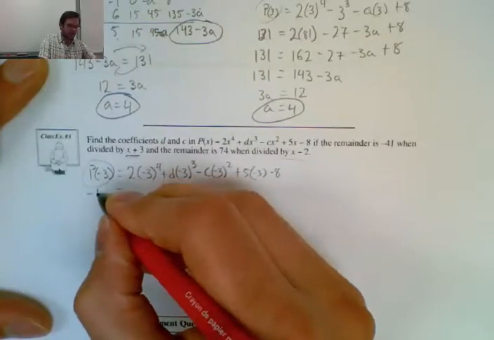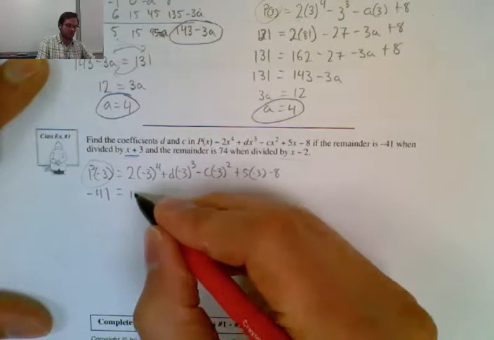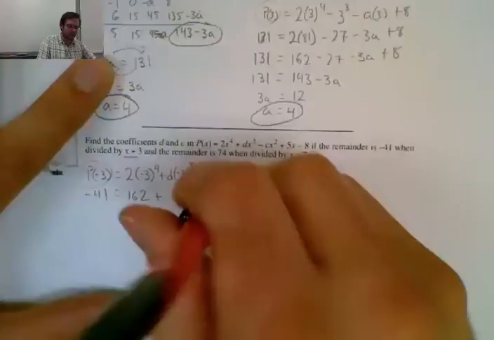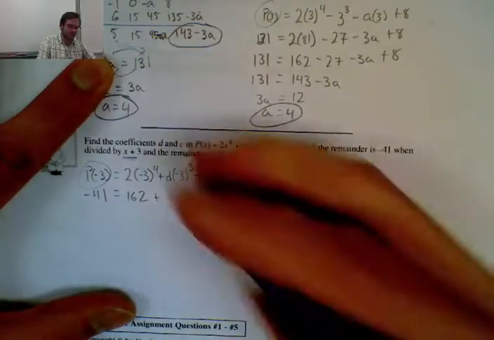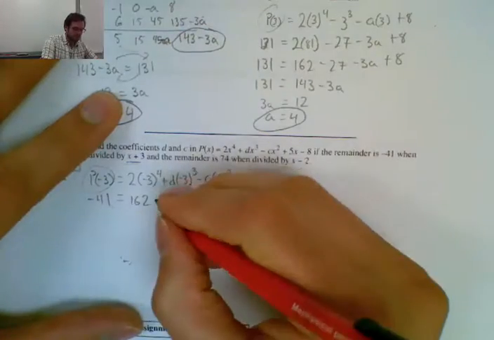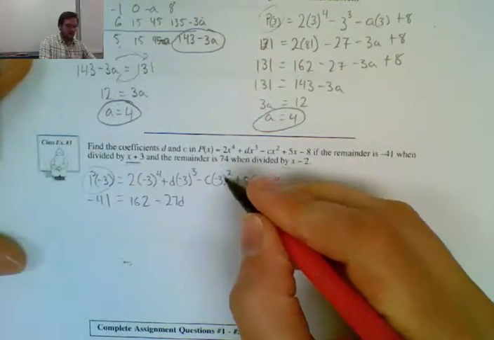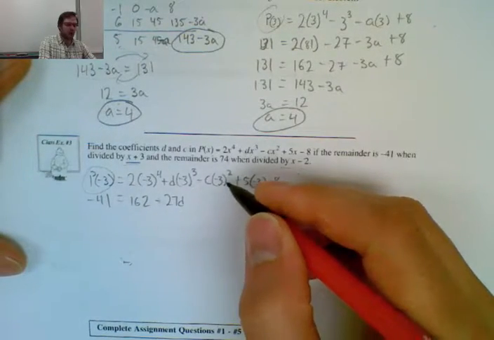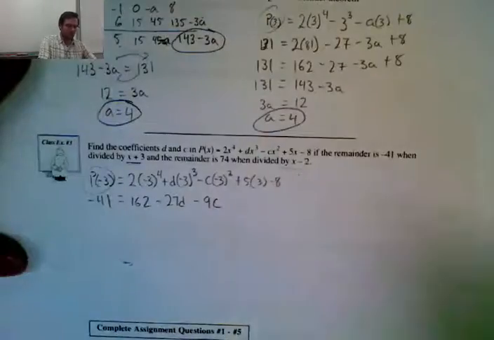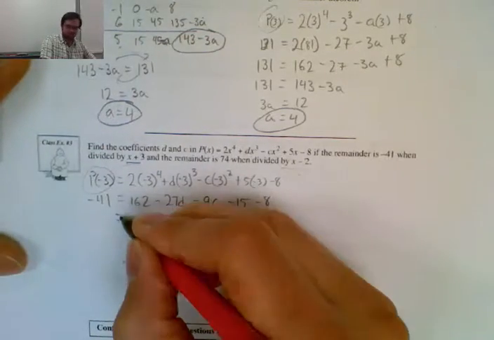So negative 41 is equal to, multiplying this out, this is going to give me 162 plus, minus because we have negative 3 to the power of 3, is minus 27d. And then we're going to have negative 3 squared is positive 9, and so it's going to be minus 9c. And then we're going to have minus 15 and then minus 8.